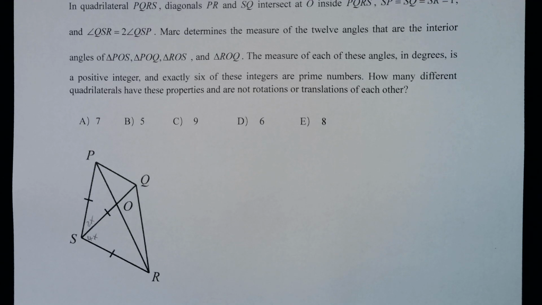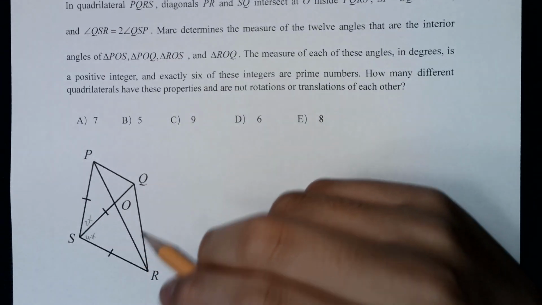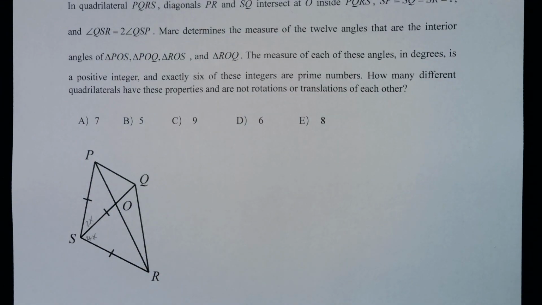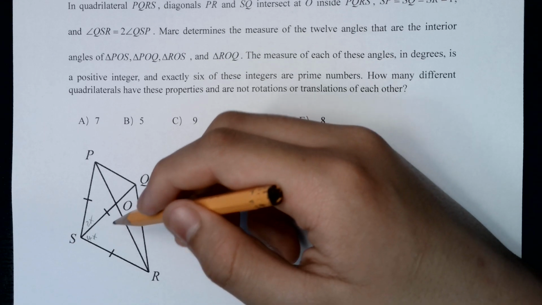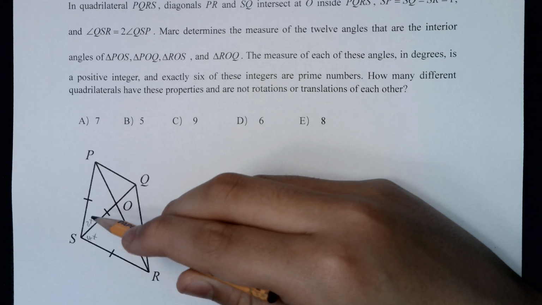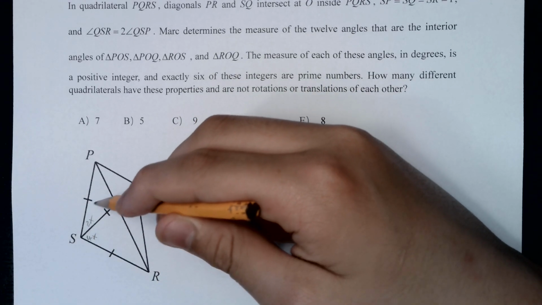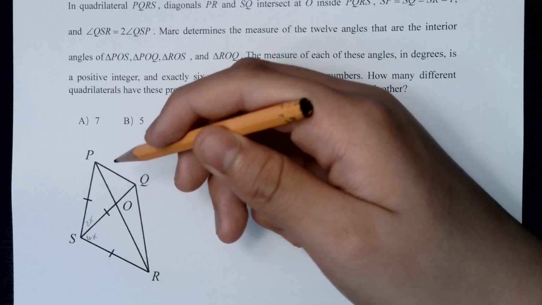Now, because we have this, we can further solve for the other angles. As you can see here, we have some isosceles triangles, and this is going to be really useful as this means that we can solve for more angles. Since we have this is going to be equal to 6x, let's label SPR as y for now.